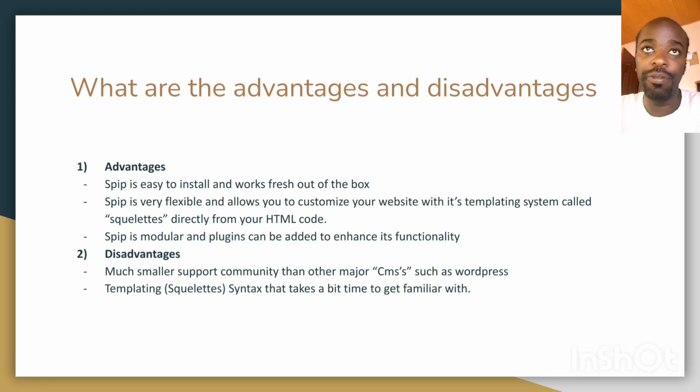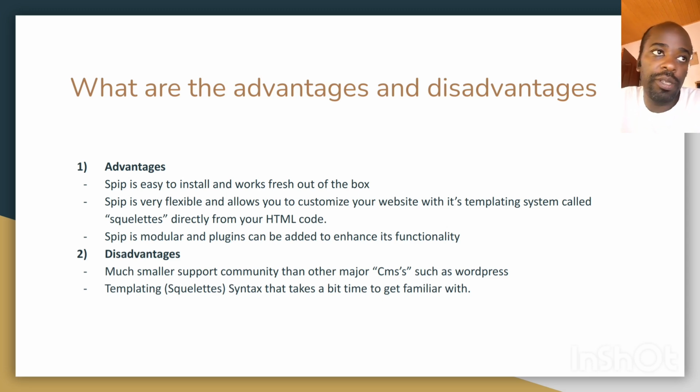Now, speaking of which one is the best, let's look together at the advantages and some of the disadvantages of using Spip, okay? Some of the advantages include, at least from this trainer's point of view, Spip is easy to install and it works fresh out of the box, alright? Spip is also flexible. It allows you to customize your website with its templating system called Skeleton.